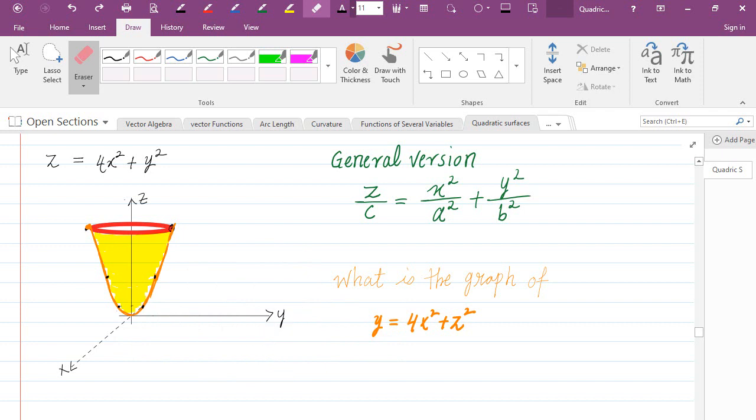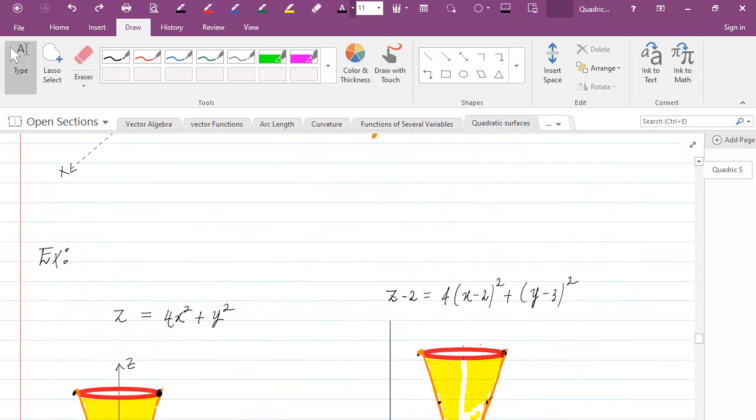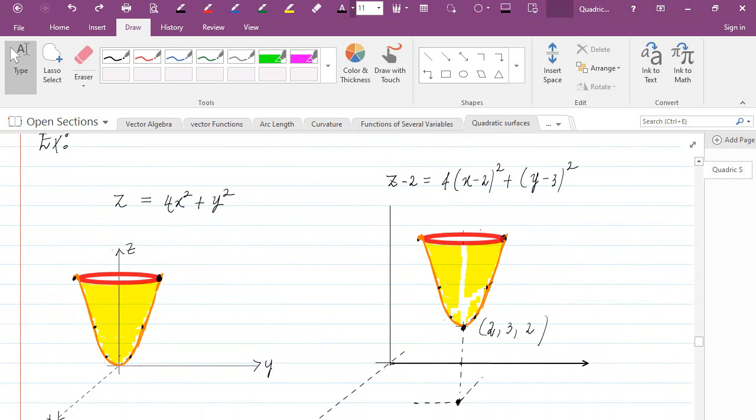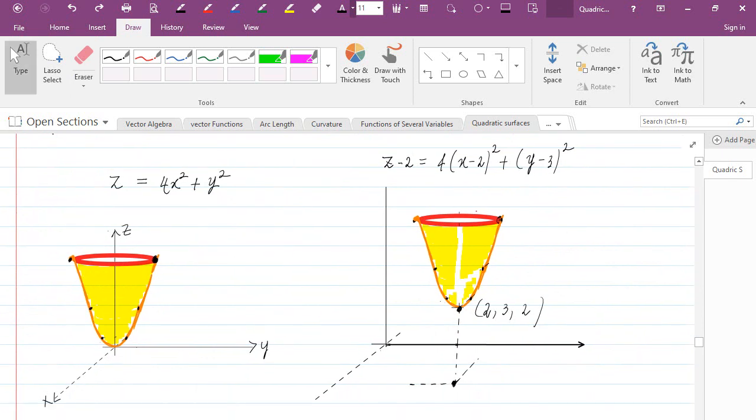Okay, so one more question in this regard is, if I look at the graph of z is equal to 4x squared plus y squared, then what is the graph of z minus 2 is equal to 4 times x minus 2 squared plus y minus 3 squared? Notice that to go from this equation to this equation, I'm subtracting 2 from z, subtracting 2 from x, and subtracting 3 from y.